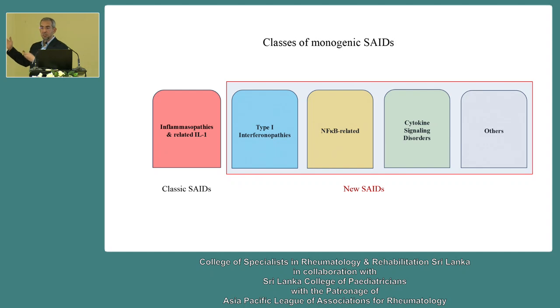You just said this is periodic attacks, in between they are okay, and the lab results are okay in between the attacks. However, you just mentioned many diseases that have progressive and persistently high inflammatory markers even during the attacks, and they have progressive disease. So what is the answer for that?